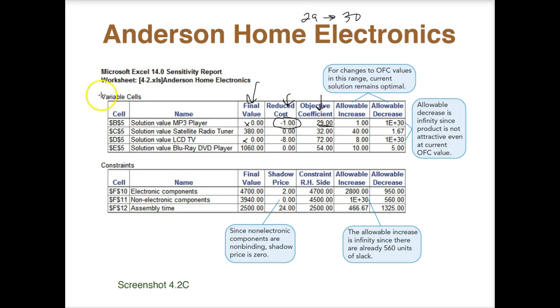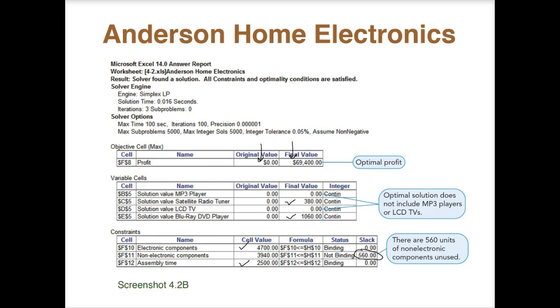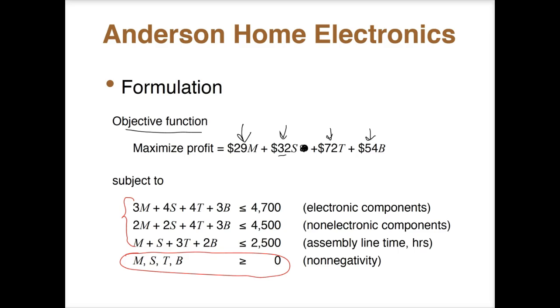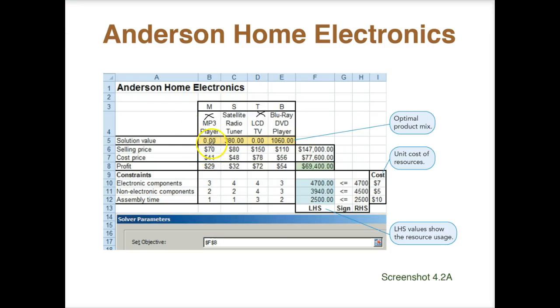Number one, we would have to go and increase the price of our MP3 player. And if you remember, let's go back here, the selling price of our MP3 player is $70. So we would have to increase the price from $70 to $71.